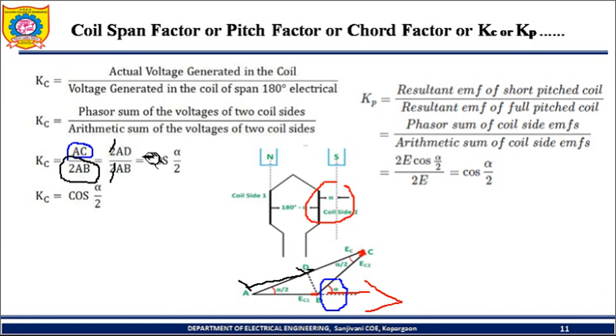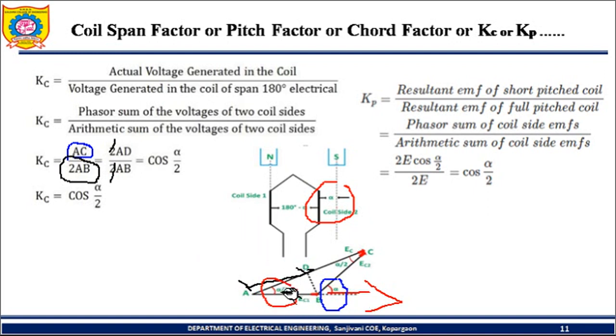So the 2 gets cancelled and the remaining is AD over AB. AD is this and AB is this, and this is the angle alpha by 2.